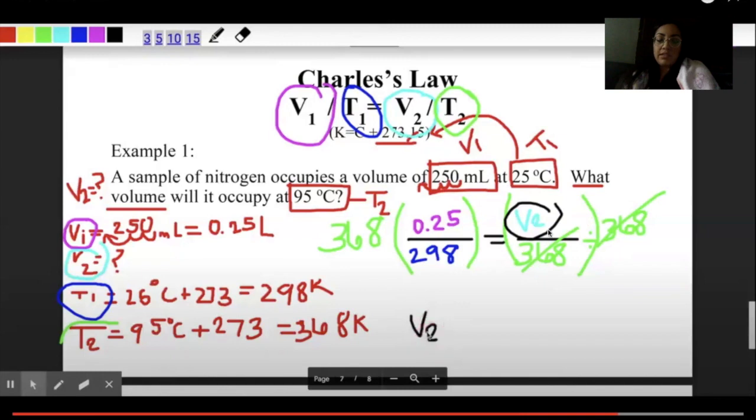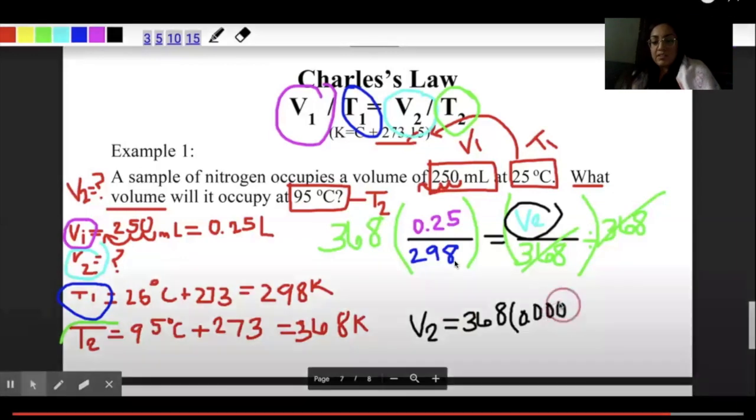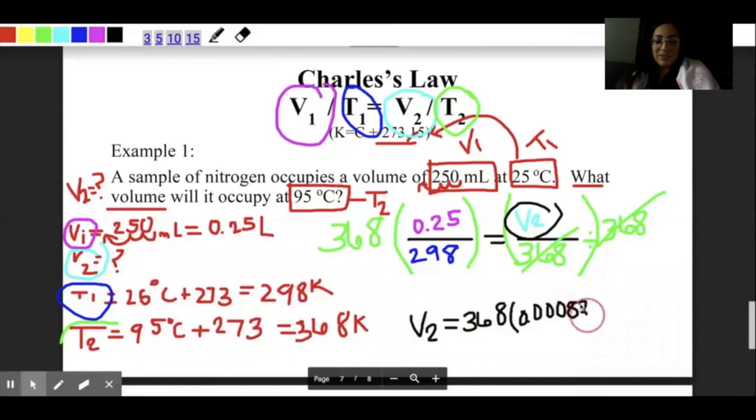So the V2 stayed alone, which was our goal, that's great. So we have 368, and you need to multiply that by 0.25 divided by 298, which should be a very, very small number. 0.00083. And then we're almost done.